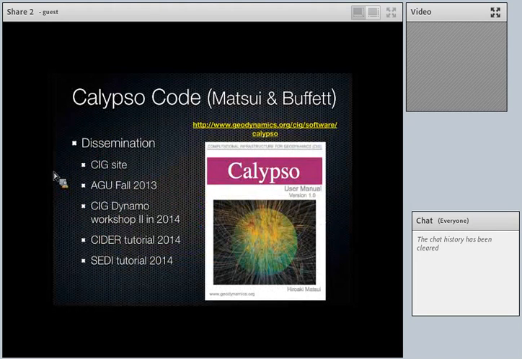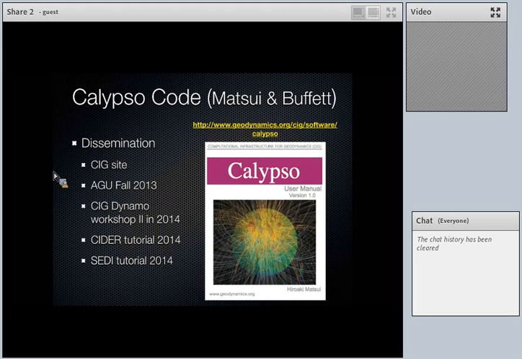Okay, how's this code disseminated? One, you can go right to the CIG site up here, just above in the upper right. There's the link to the web page where you can download the code. This was presented at Fall AGU. In addition, there's going to be a dynamo workshop, I'll discuss that later, in the fall this year.